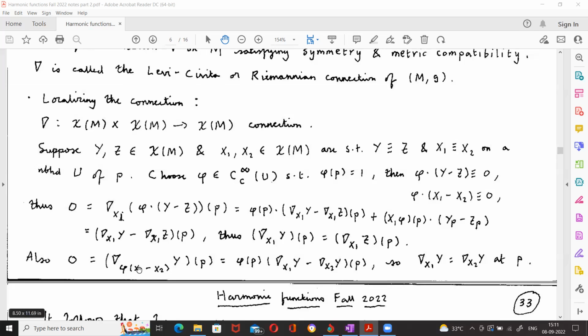Again, by linearity in the first variable, this becomes nabla x1 y minus nabla x2 y. So this is 0 and phi(p) is 1. That tells me that nabla x1 y minus nabla x2 y at p is 0. Therefore, nabla x1 y is nabla x2 y at p. So nabla does not change if I change x1 to x2 such that they are equal in a neighborhood of p.